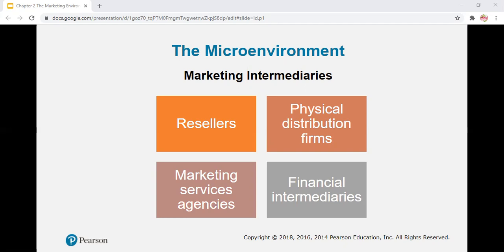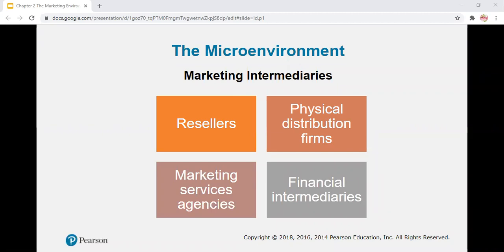Large and growing reseller organizations, such as, for example, here in Tunisia, Carrefour and Géant, frequently have enough power to dictate terms or even shut smaller manufacturers out of large markets. That's why it's really important to know our position with these resellers.